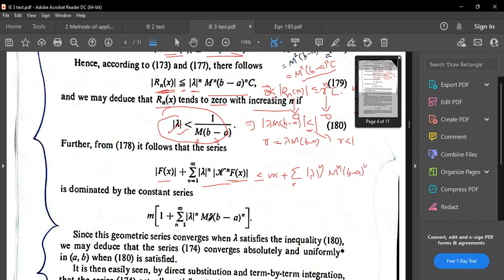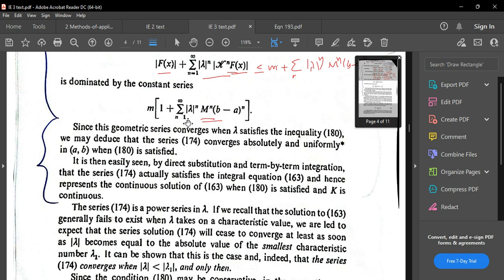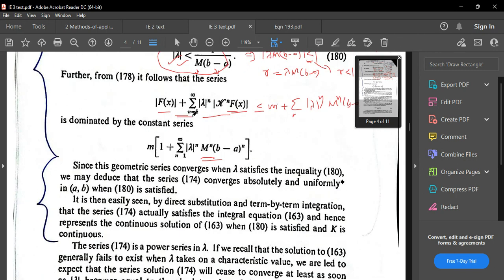So we will end up with this formula. By checking this, we see this series is dominated by this series, and if we check this summation, we will know that it is a geometric series with multiplying factor r equal to mod lambda M into (b minus a).